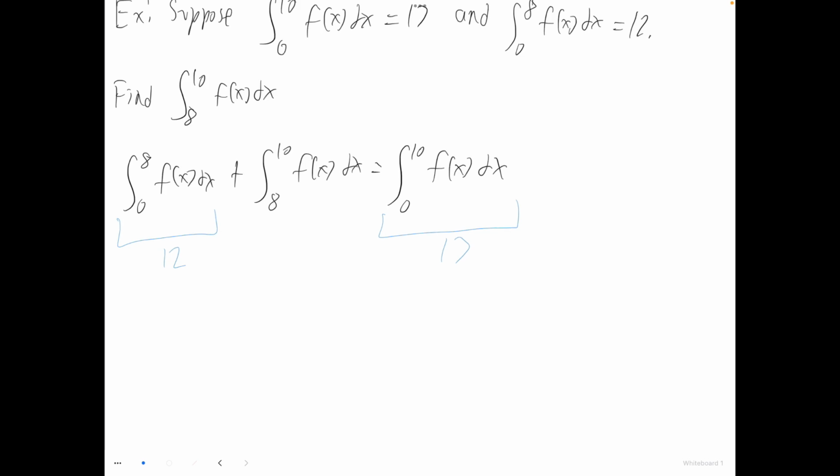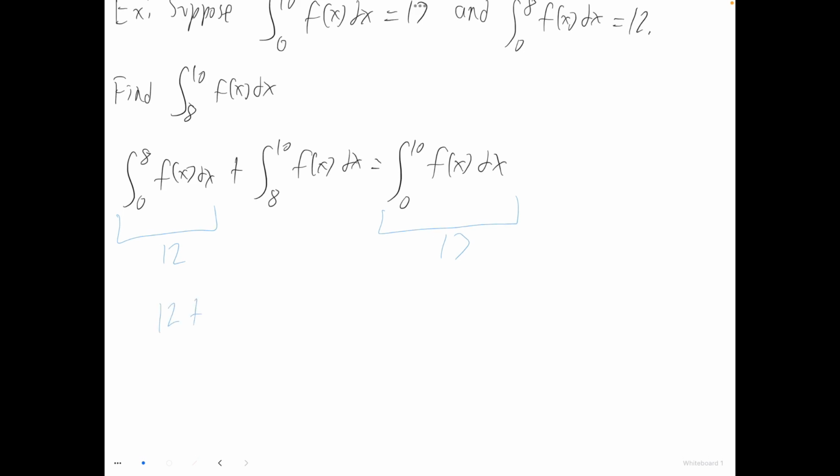And so plugging those things in, we have 12 plus the integral from 8 to 10 of f of x dx is equal to 17. So the integral from 8 to 10 of f of x dx is equal to 5. So it's fairly straightforward to do this.